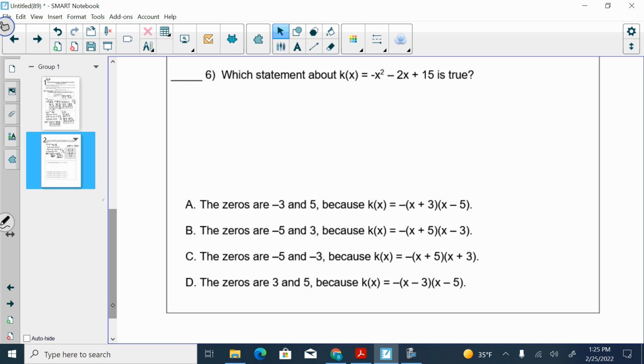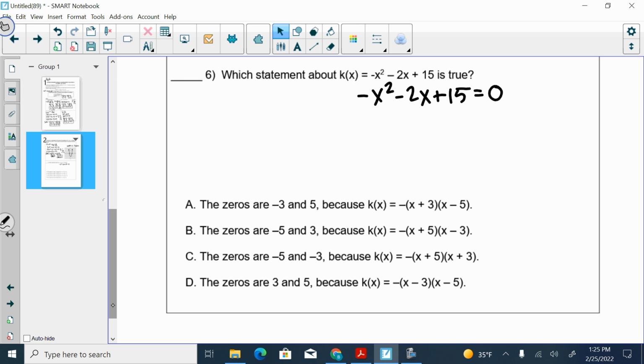Before that, before we factor, set it equal to 0. So I got negative x squared minus 2x plus 15. It's all already on the same side, so I can go ahead and set it equal to 0. Now we're ready to factor. So when we factor, what do we look for first? GCF. Okay? So what kind of a GCF do we have here? Negative, right?